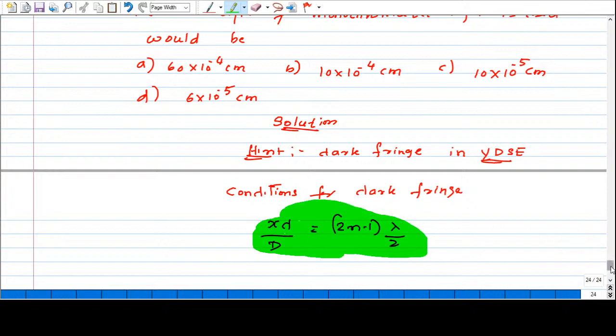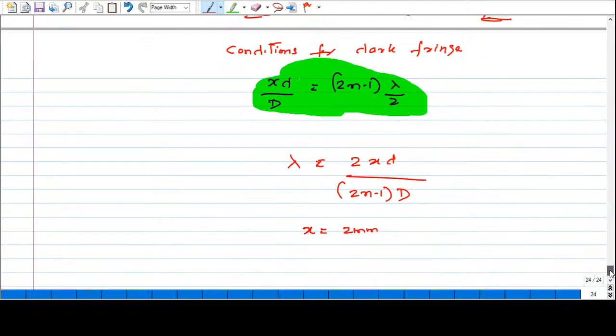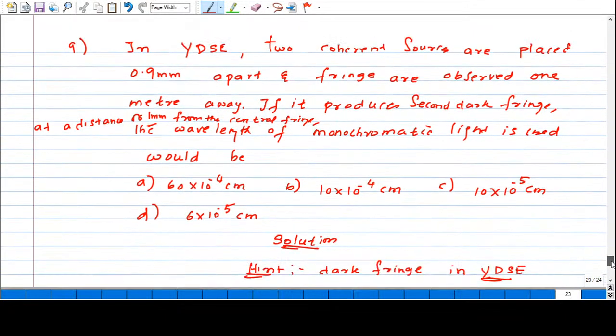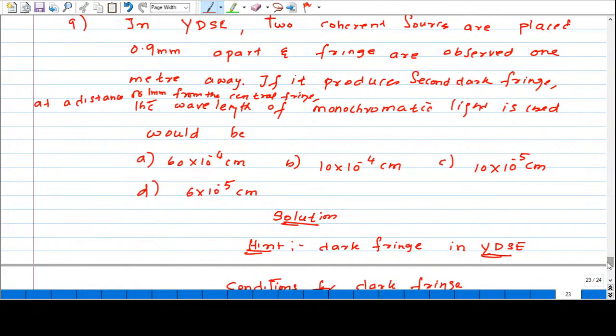From this, we can also find the value of lambda. So lambda is 2xd divided by 2n minus 1 into capital D. The value of x has been given. The value of x is given as 2 mm, which the question, you can see the question, the value of x has been given, central fringe 2 mm.